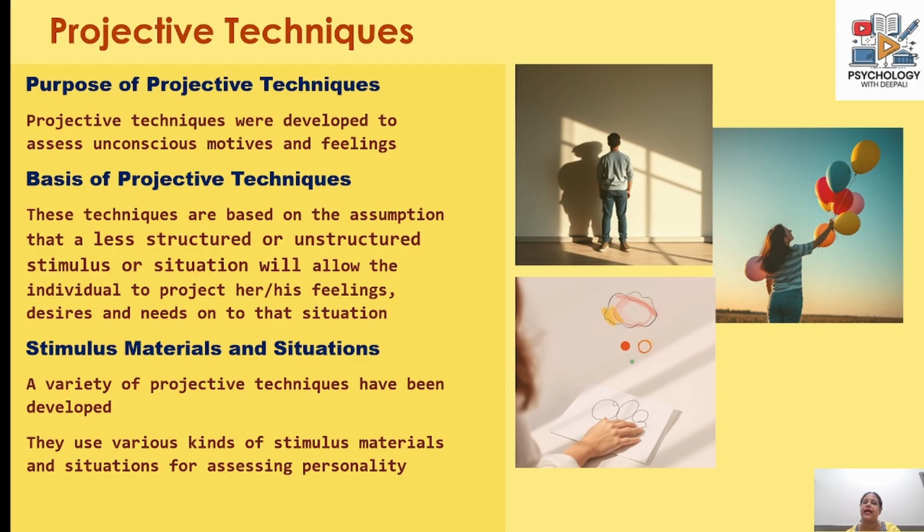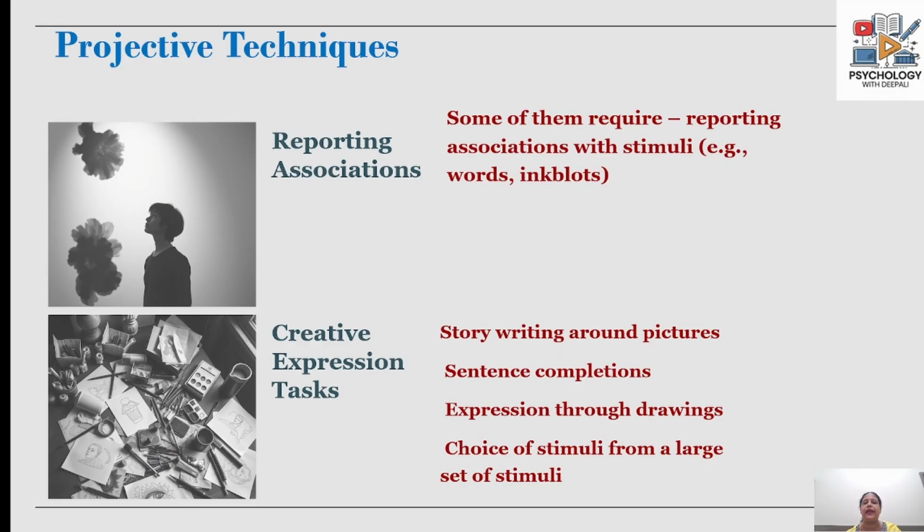A variety of projective techniques have been used, and some use stimulus materials of various kinds. Some will have stimulus materials where you have to associate certain stimuli with other kinds of stimuli.